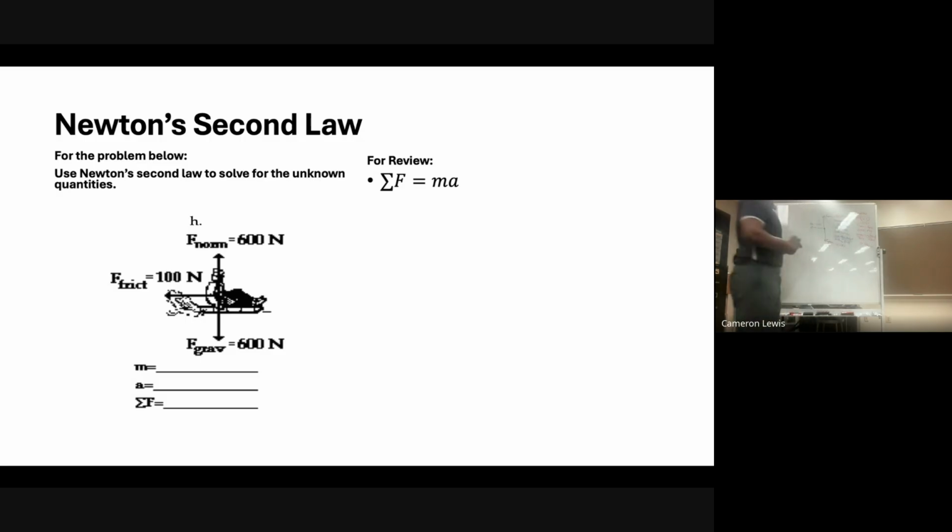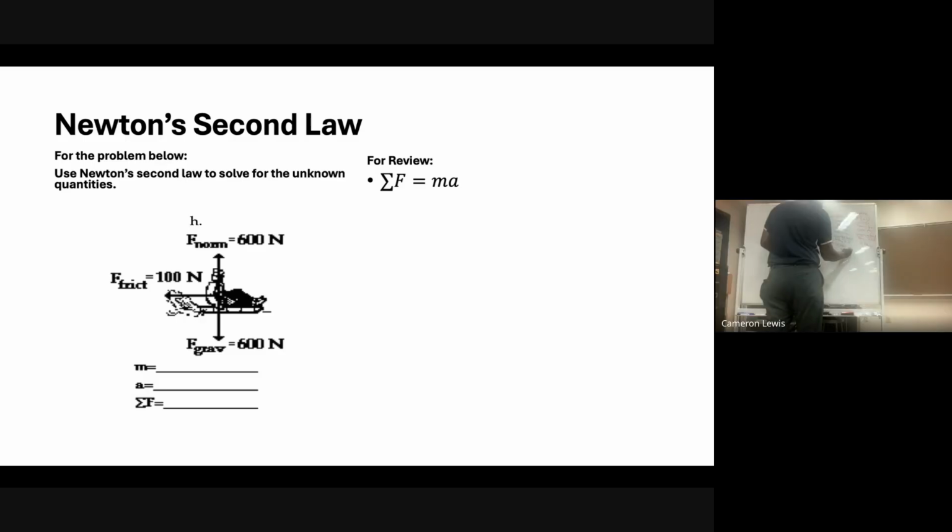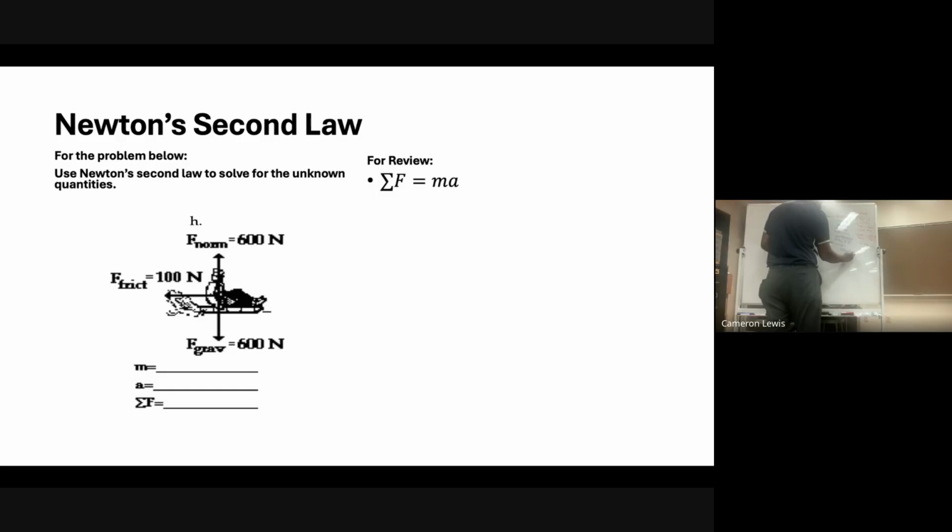What's that? 1.63 meters per second squared. Now we could say negative, or we could say the direction of the acceleration is to the left.